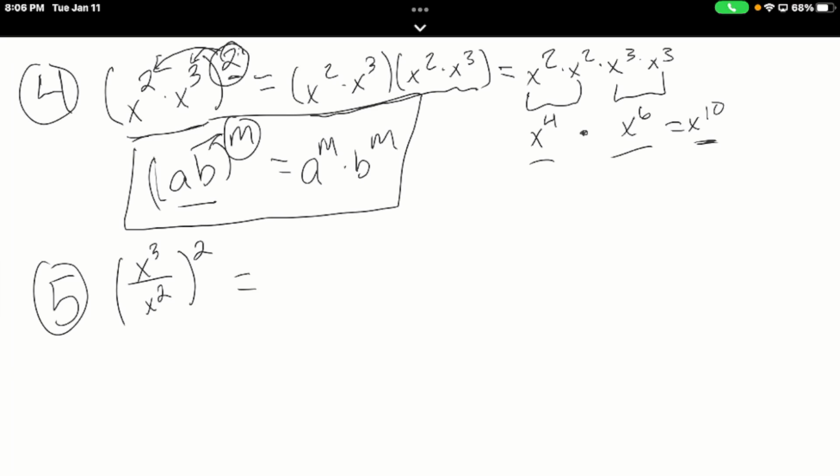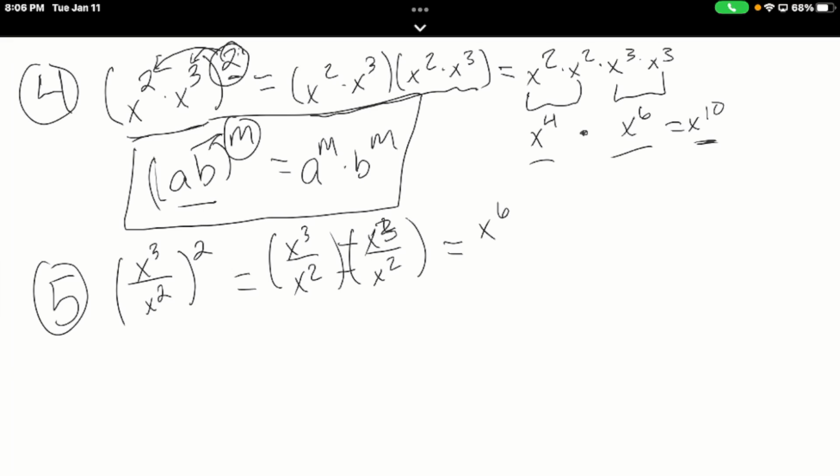I'm going to multiply this out twice. X cubed over x squared times itself. That's what squaring does. And I'm going to do a similar thing here, except the cubes are on top and the squares are on bottom, so they're already next to each other. I'm just going to multiply straight across and see what happens.